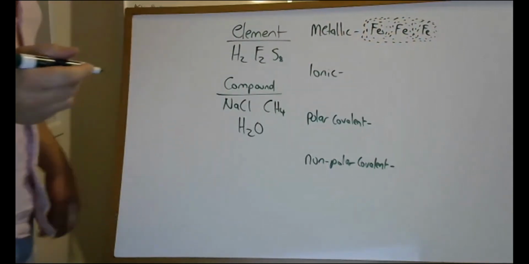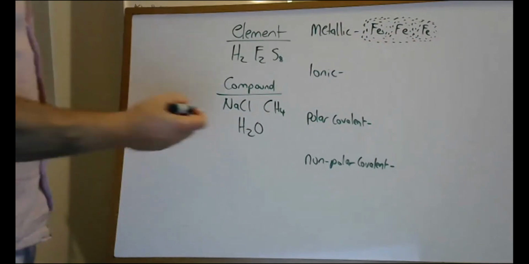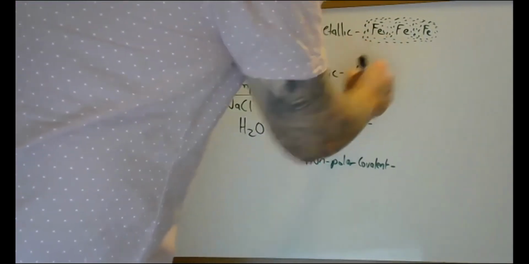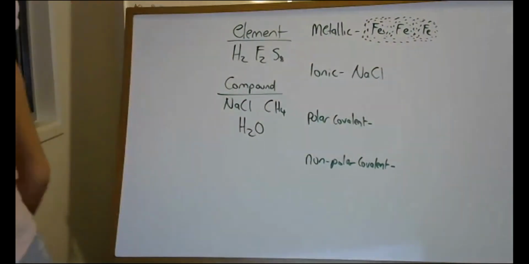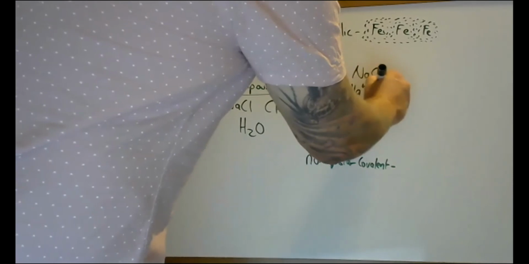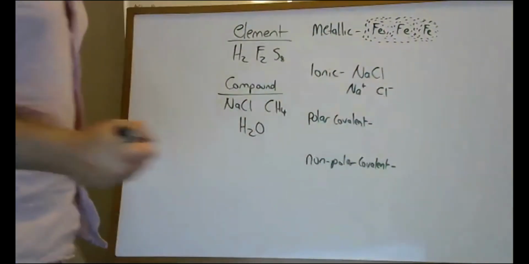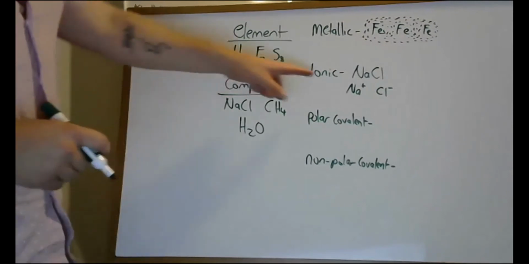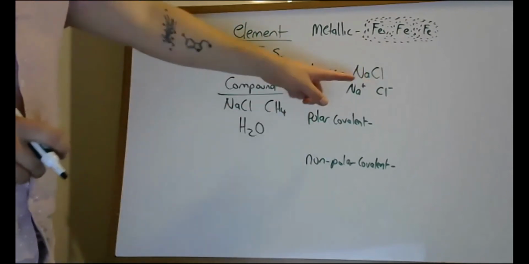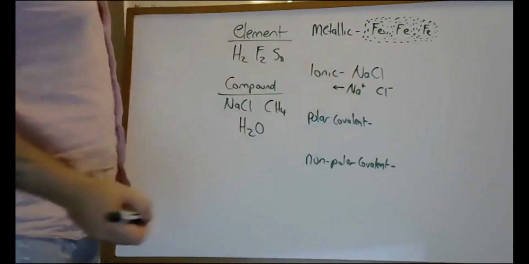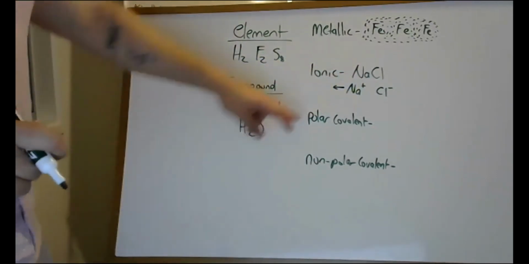Ionic is when, so between sodium and chlorine, but in actual fact, it's Na+ and Cl-, because the sodium is in group 1, so it donates its extra electron to go backwards to group 8.